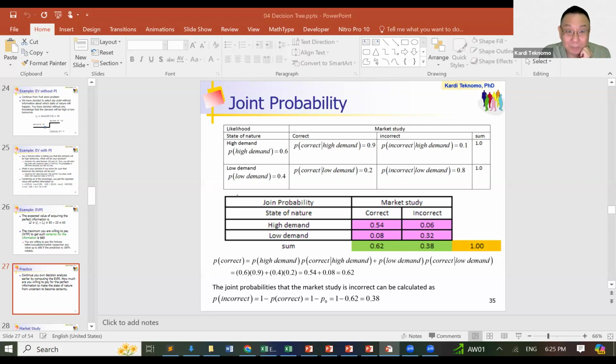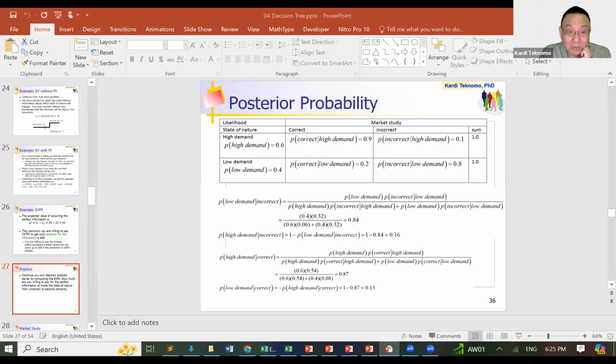Once you can compute the joint probability, now we compute the posterior. Again, the top table here represents likelihood, so this is given. Now you want to get the posterior. Posterior means probability of low demand, given that this is an incorrect study.